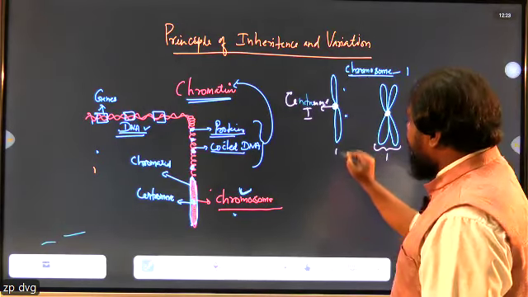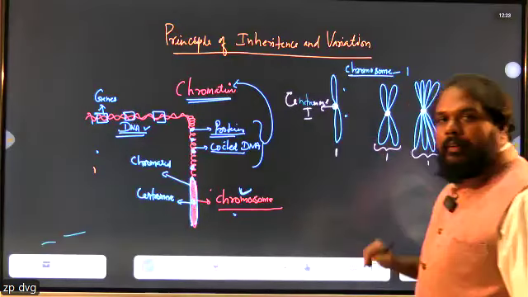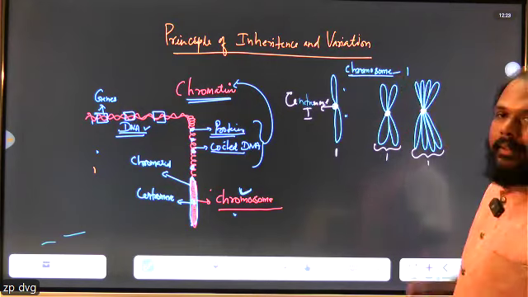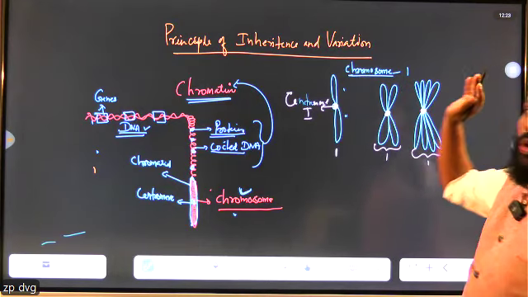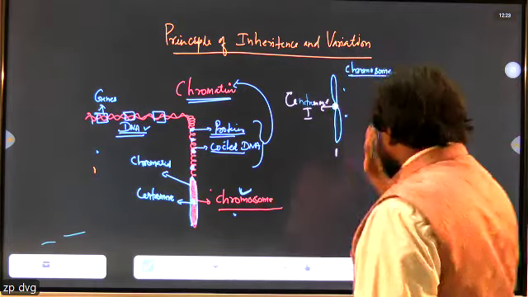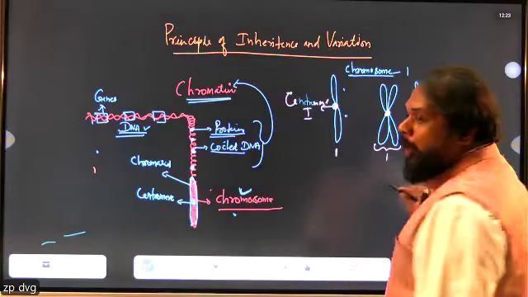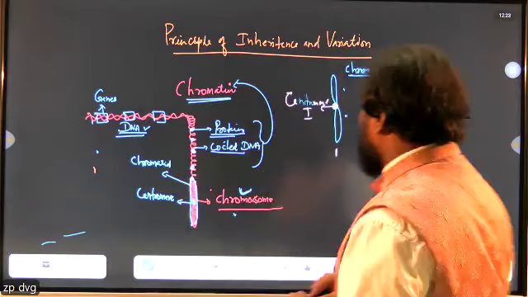So here I can say this is one chromosome consisting of one chromatid. Here, one chromosome consisting of two chromatids. Here, one chromosome consisting of four chromatids. So the number of chromatids may differ, but if the centromere is only one, it is considered to be one chromosome only. That you have to understand.